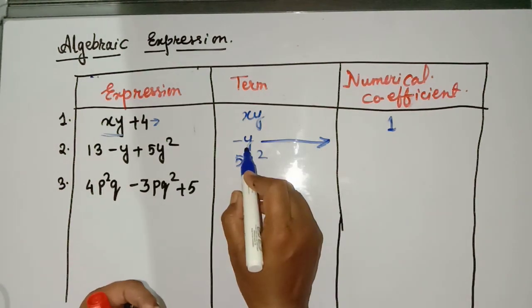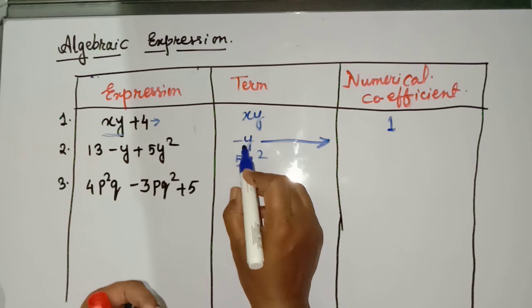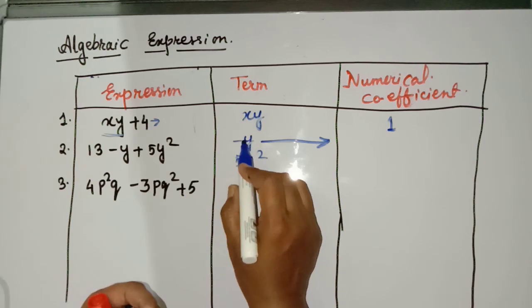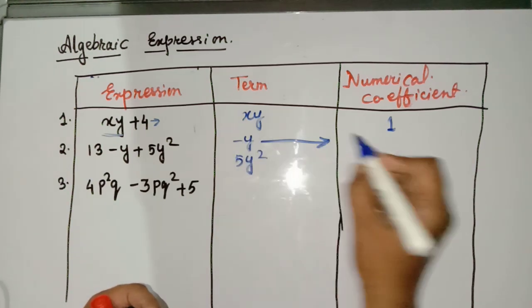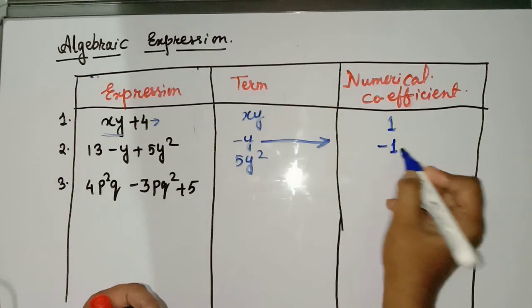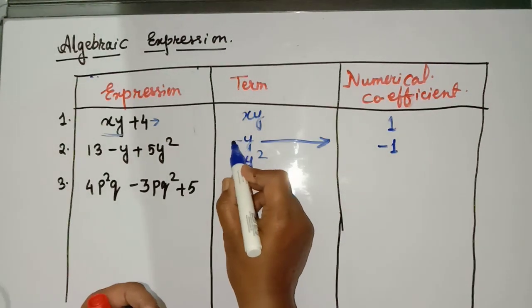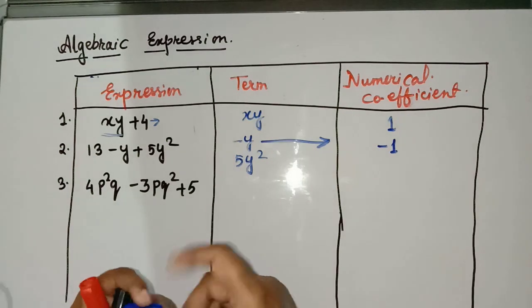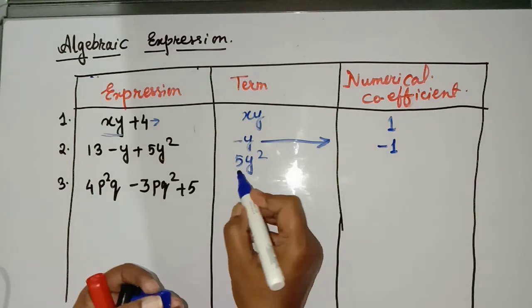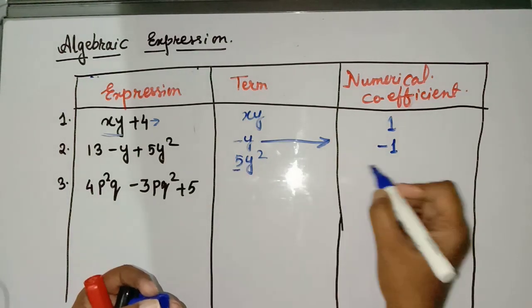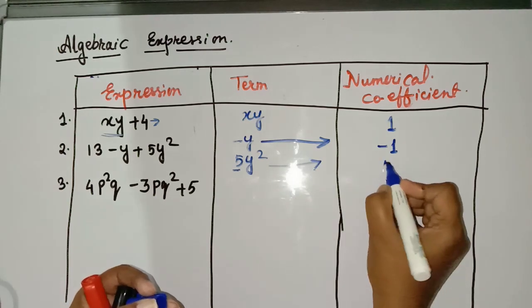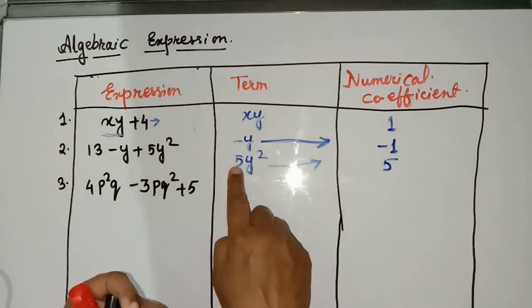As there is a minus sign before y and no number, that means there is minus 1. So write the numerical coefficient as minus 1. Similarly, for 5y square, you can see the number written is 5. So the numerical coefficient is 5.